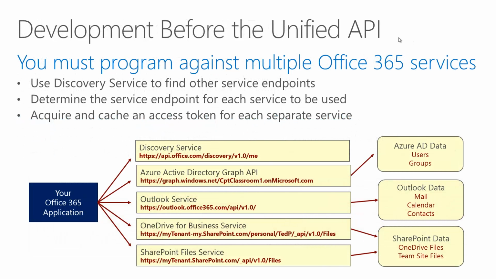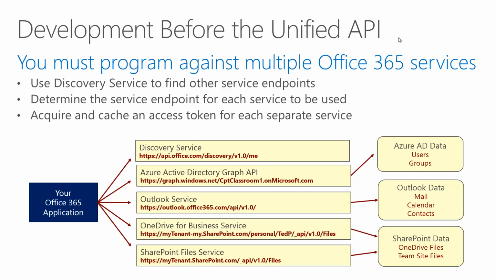Now, one issue with the first generation of the Office 365 APIs is that you had to go to different services, access different endpoints, and manage different access tokens per user for each service you wanted to go to. It would be reasonable to want to create an application that gets information about the current user.